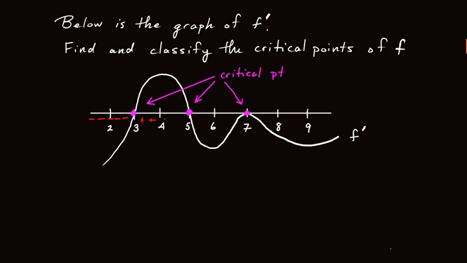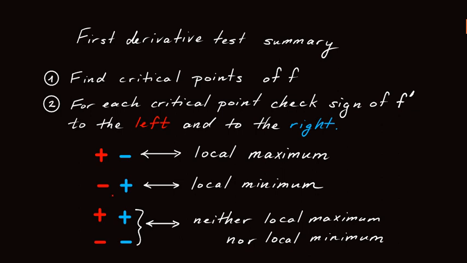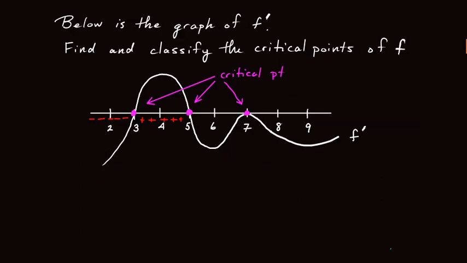So I have a minus followed by a plus. In terms of the first derivative test, that tells me I have a local minimum. So I write local minimum corresponding to 3. X equals 3 is a local minimum.